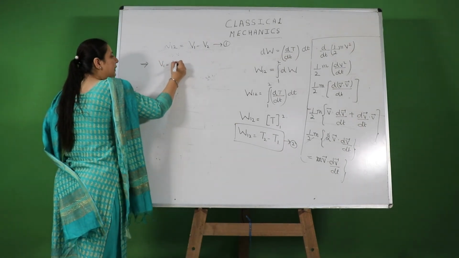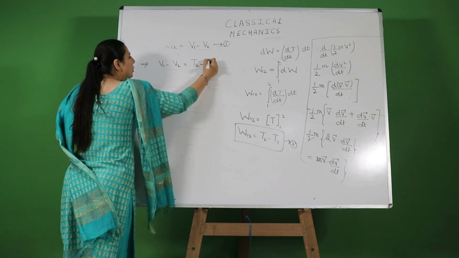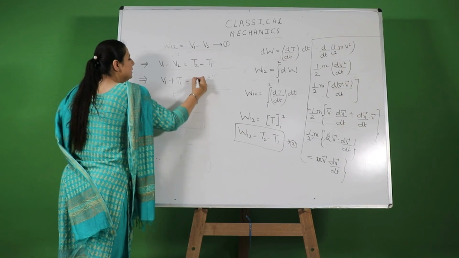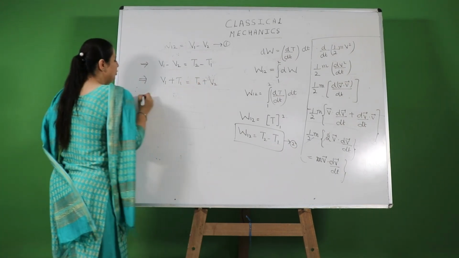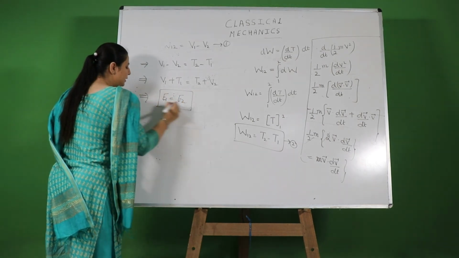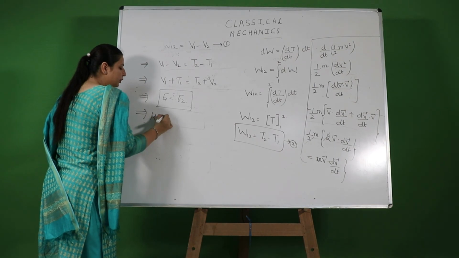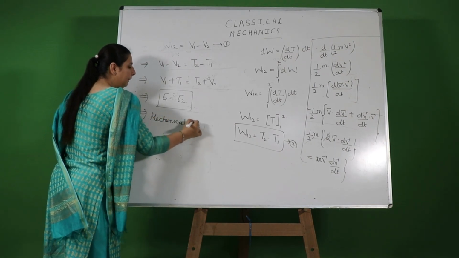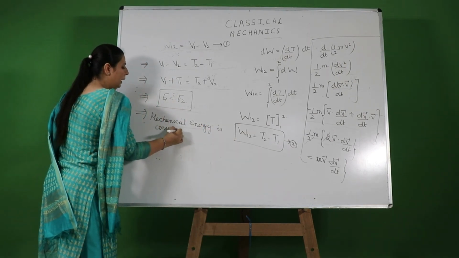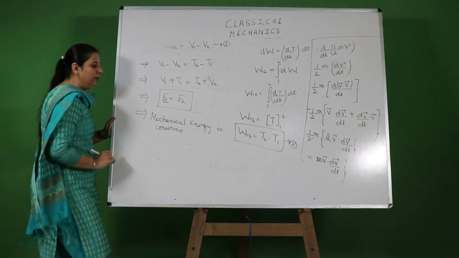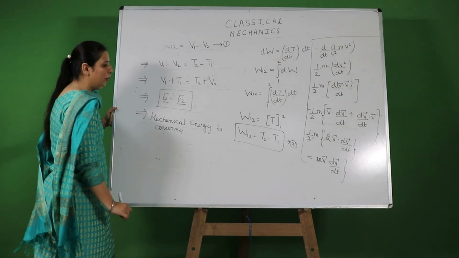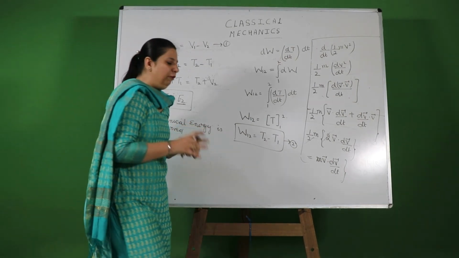So V1 minus V2 should be T2 minus T1, or V1 plus T1 is T2 plus V2, or E1 is equal to E2. This means mechanical energy remains conserved, as total energy at point 1, the initial point, is the same as the total energy at point 2, the final point.